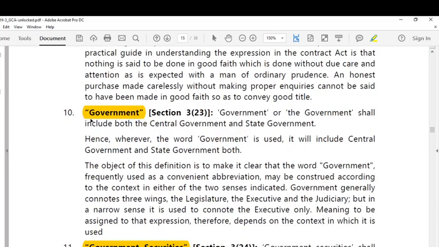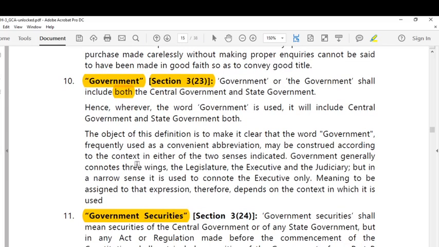Next is government. How is the word government defined in the General Clauses Act? Government or the government shall include both central and state government. Hence, where the word government is used, it will include both central government and state government.